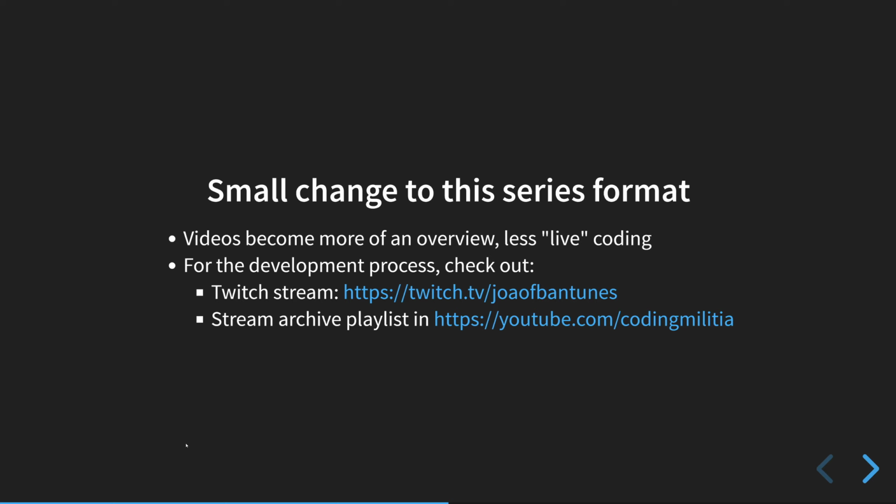And if you aren't able to watch the live stream and want to take a look at that development process and see me struggle and make a ton of mistakes, even more than during this series, I archive the streams to YouTube. There's a playlist called Stream Archive, and everything I put in there.